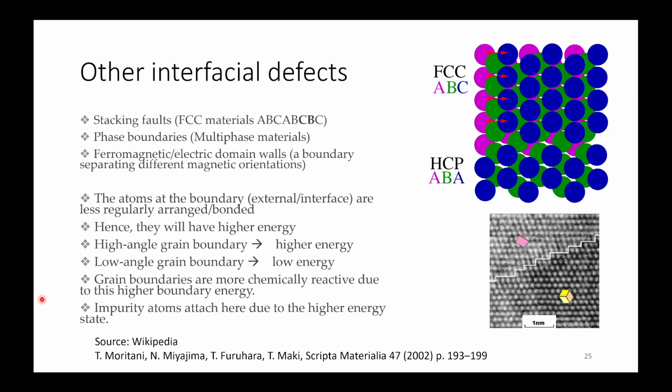When you apply some chemical on your material, these grain boundaries are more likely to undergo corrosion earlier compared to the crystalline part. That's why you can see the grain boundaries under a microscope. Impurity atoms attach here due to the higher energy state.